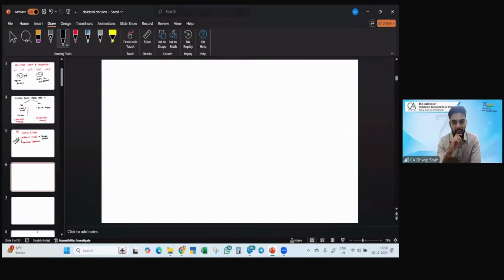So let's begin with Walter's approach. Walter's model of dividend decision. First of all, keep in mind that Walter is on the relevance side.